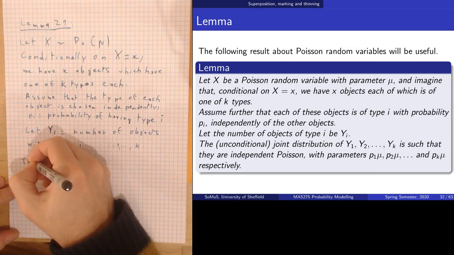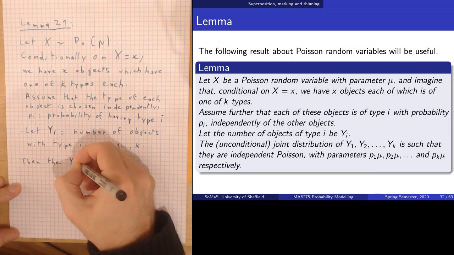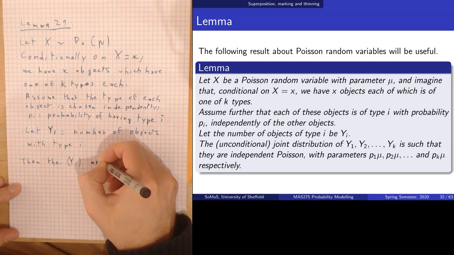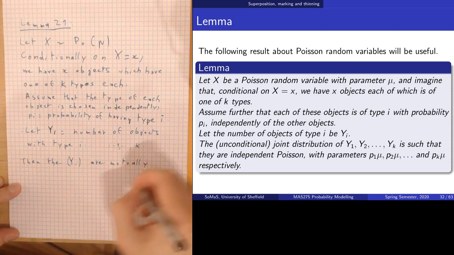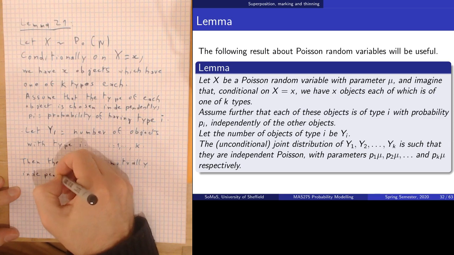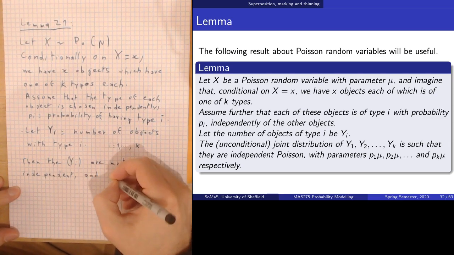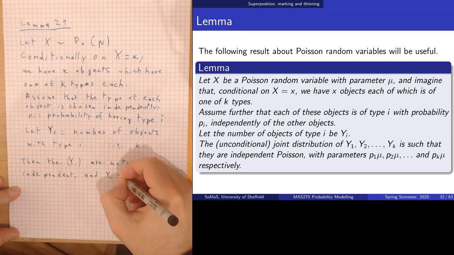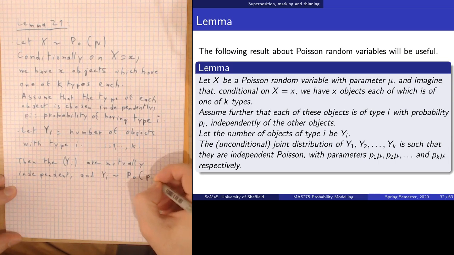Then the Y_i are mutually independent and Y_i has distribution Poisson of p_i times mu.